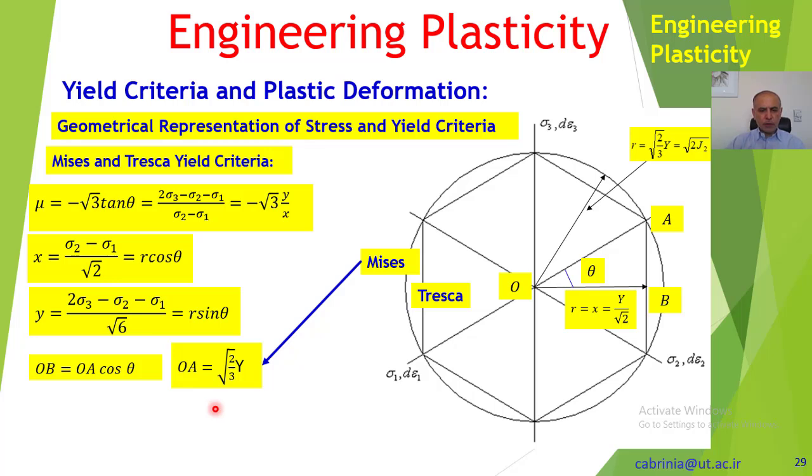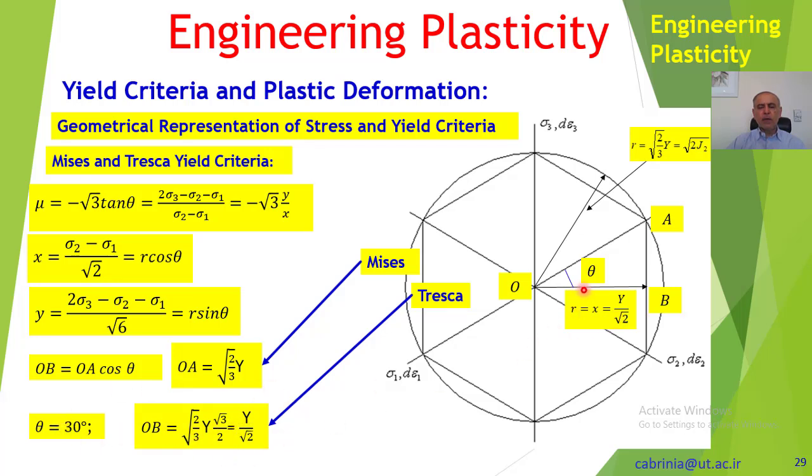So if we substitute for OA, and obviously theta here is 30 degrees, we get OB equal to this expression, which becomes y over root 2. So now we understand how to derive these relationships and obtain these values on the pi plane.